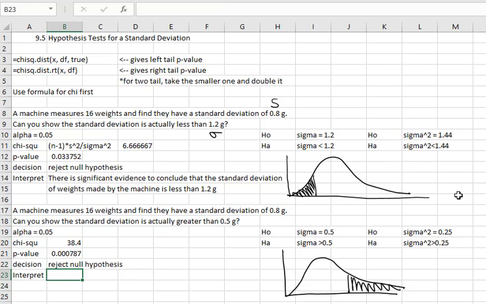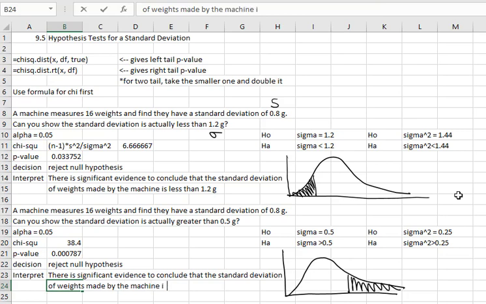Our interpretation then, we successfully showed the alternative, so there is significant evidence to conclude that the standard deviation of weights made by the machine is greater than 0.5.